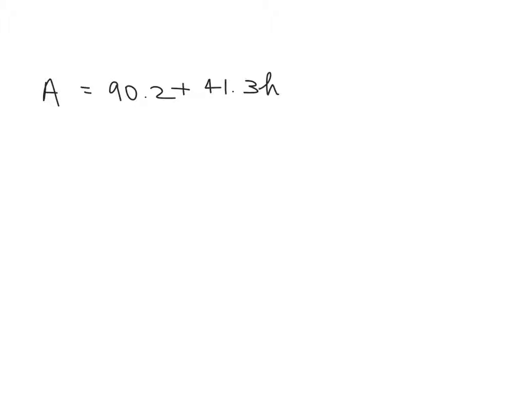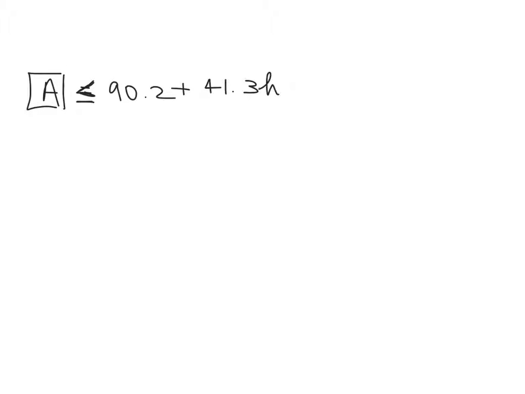It says, for what humidity levels is the apparent temperature at least 110 degrees. So we want to know when this is going to give me a temperature at least 110 degrees, either equal to 110 degrees or greater than 110 degrees.